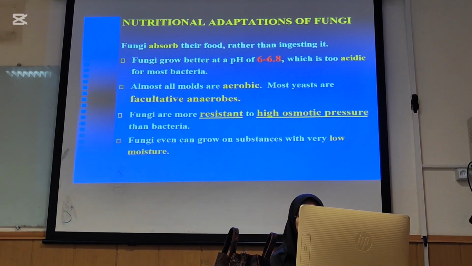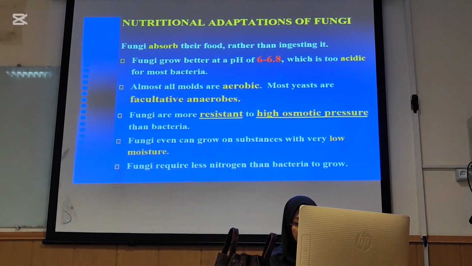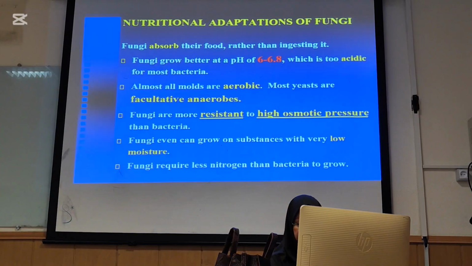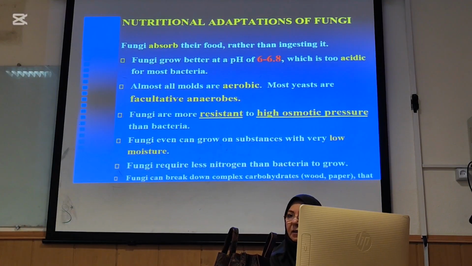Fungi can even grow on substances with very low moisture. Fungi require less nitrogen than bacteria to grow. And fungi can break down complex carbohydrates, like wool and paper, that most bacteria cannot.